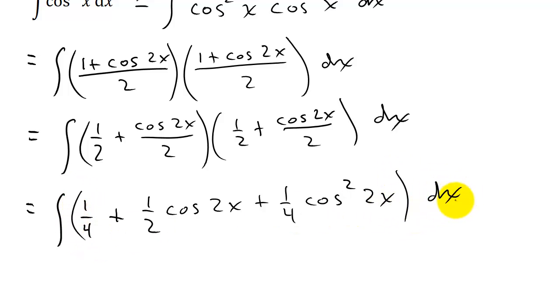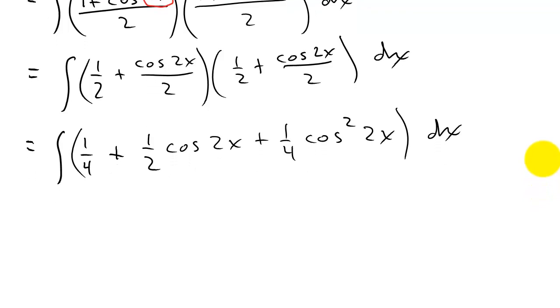Alright, now notice here I have this squared term, so I'm going to have to rewrite this into this form also. Now if you look at the formula, you see this x term here, and that's the 2x. So what we're doing here is we're multiplying this by 2.